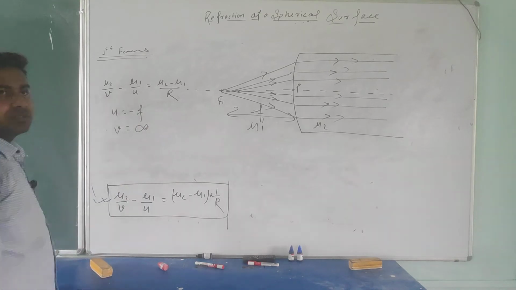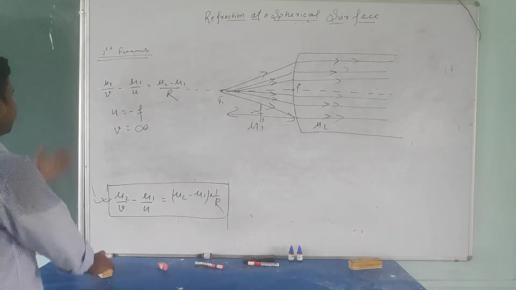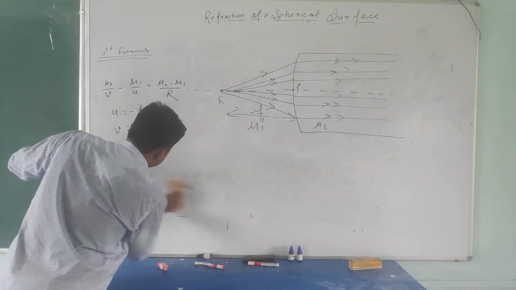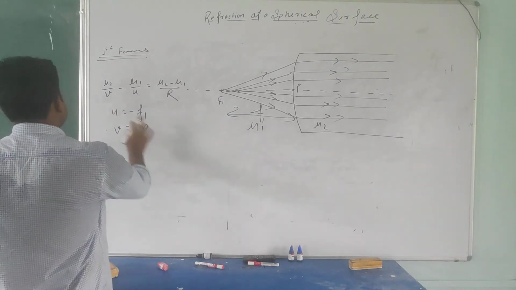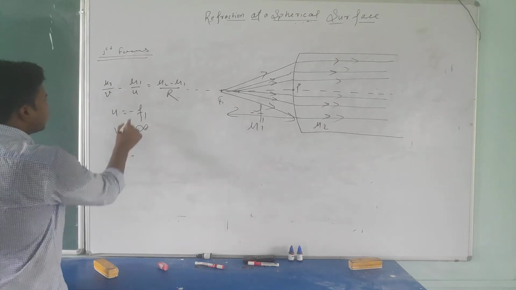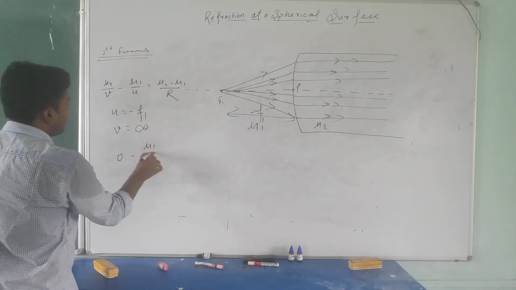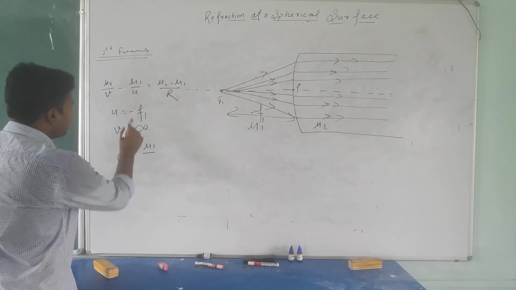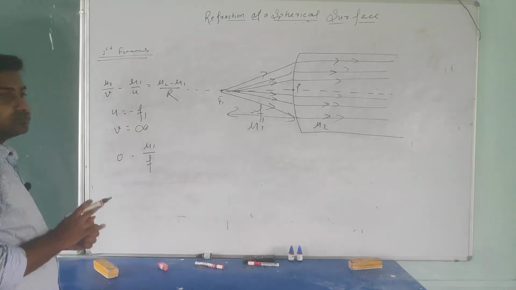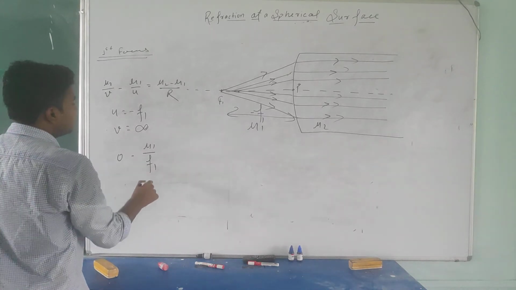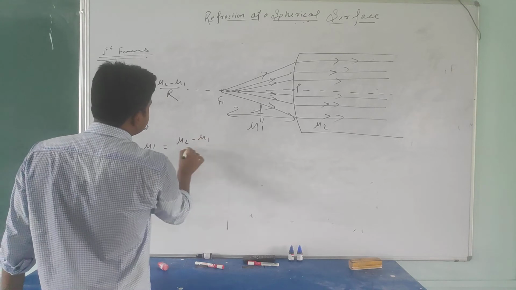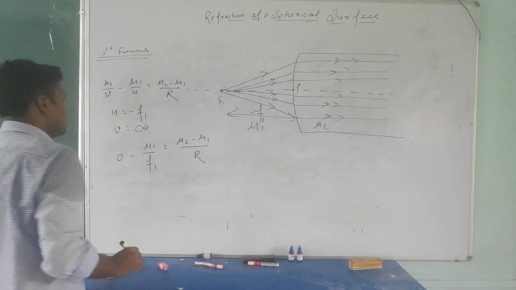Now we'll calculate the value of F1. If you put infinity here, you will get 0 minus, this minus will cancel out, so mu1 divided by F1 is equal to mu2 minus mu1 divided by r.